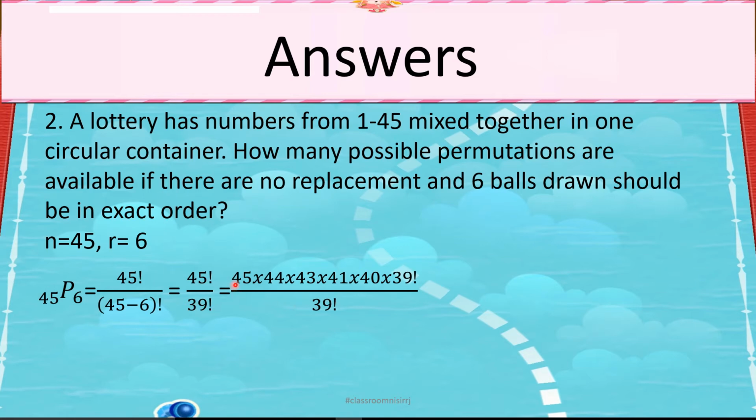When we expand the numerator, we will multiply 45 times 44 times 43 times 42 times 41 times 40 times 39 factorial. 39 factorial can be cancelled already. Therefore, our answer in this given problem is 5,864,443,200 ways.